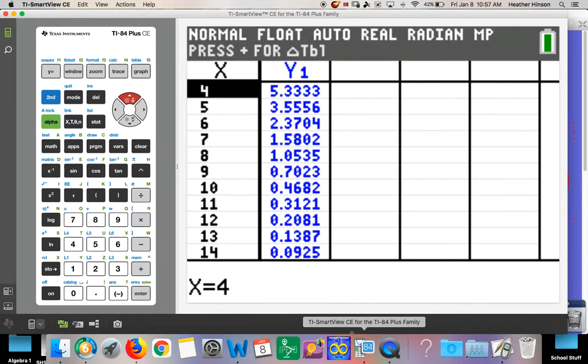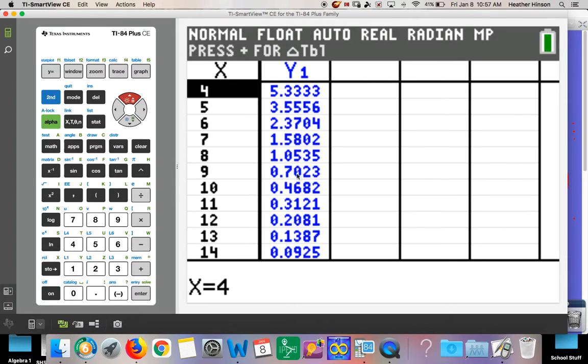So go to your table, scroll down until your decimal is less than 1. So if we scroll down, that's going to happen at 9. That 0.7, you can't have 0.7 of a computer infected. It's got to be the whole computer or nothing. So if any of it's infected, it's all going to be 0. That means 0 computers are left.